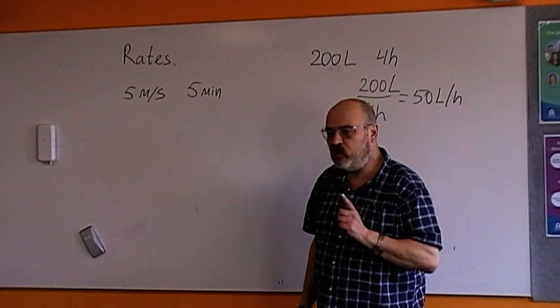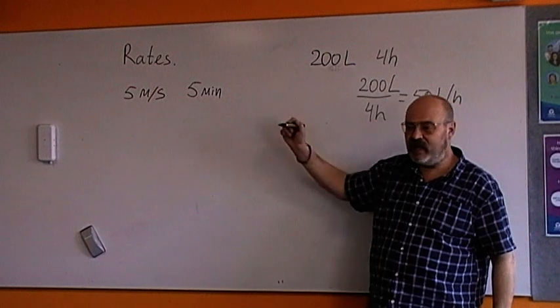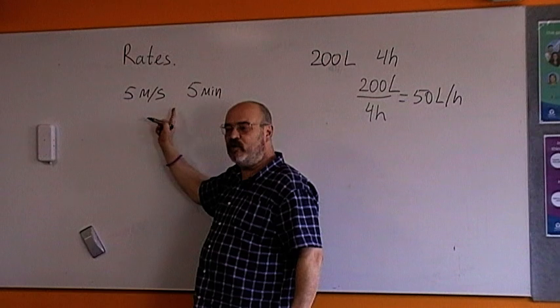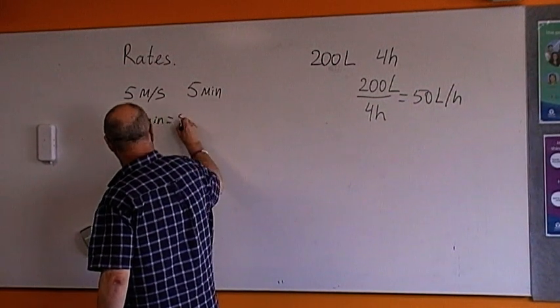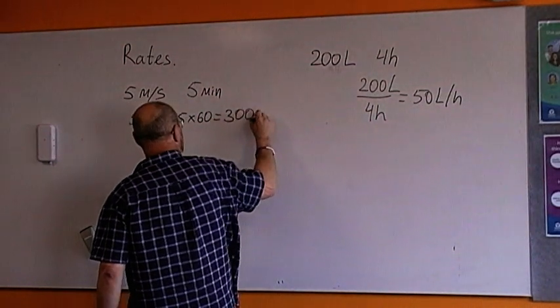What do we need to do first? We need to turn minutes into seconds, because we have meters per second, not per minute. 5 minutes times 60 equals 300 seconds.